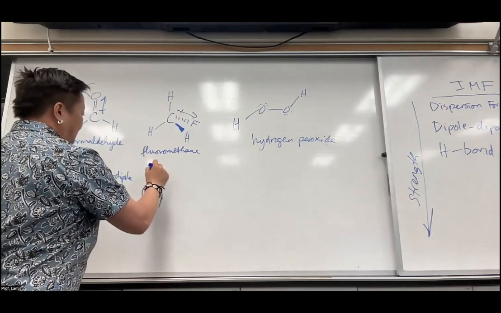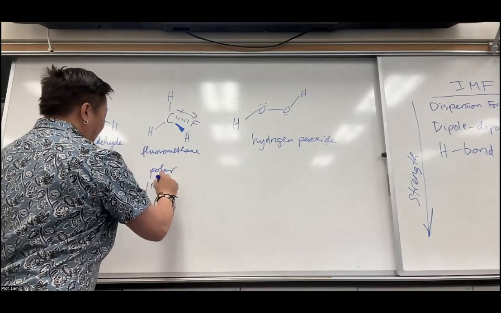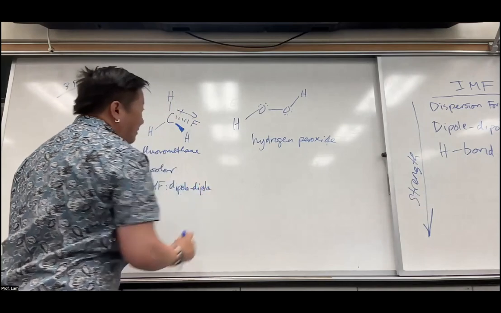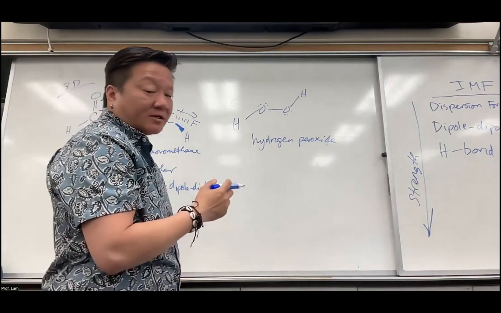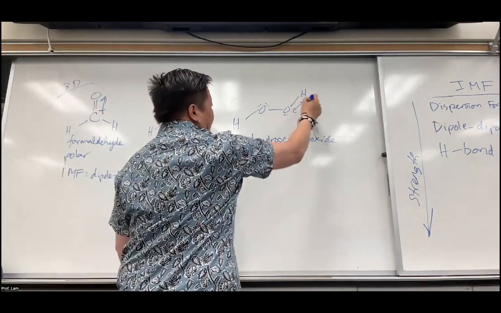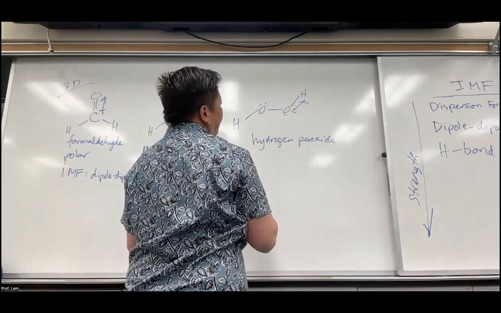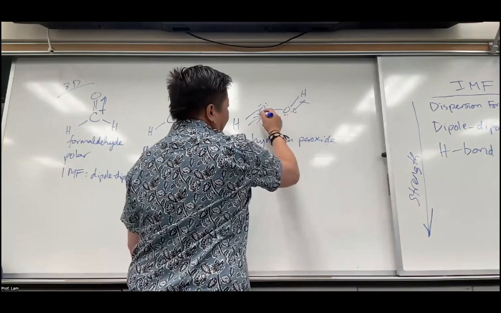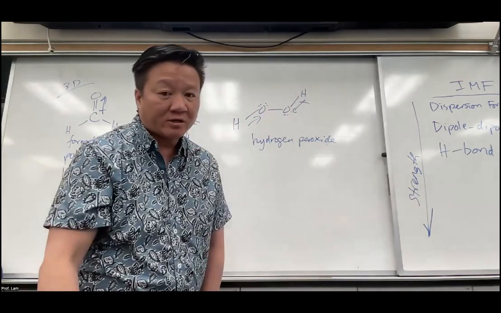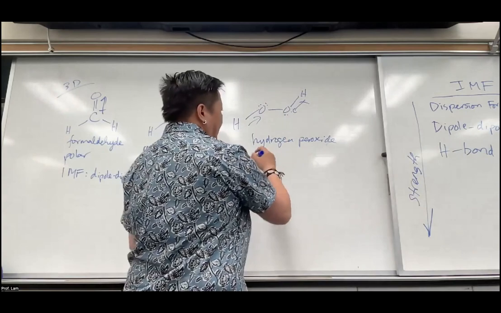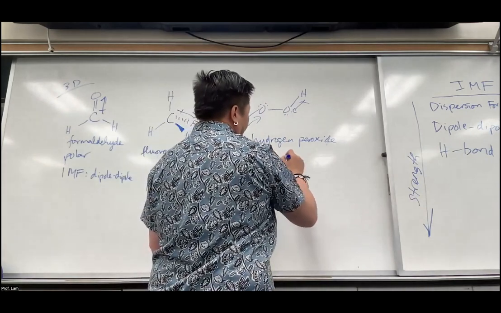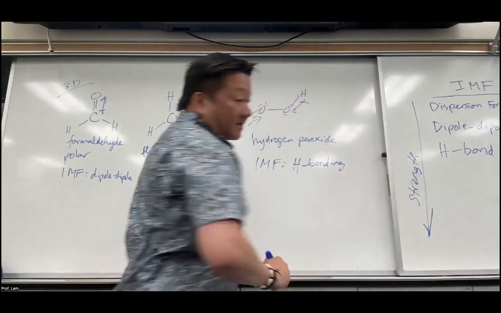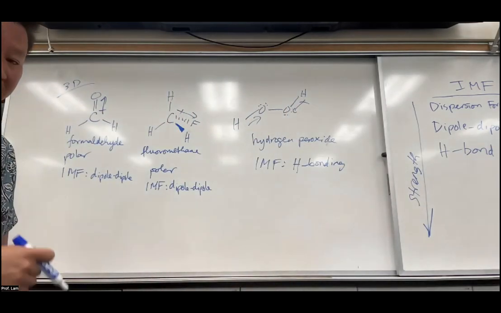So it is polar as well, and the IMF is dipole-dipole. Okay. And then in this last one, quite easy to see, right, that you have OH bonds. I mean, you don't even need to draw arrows anymore. As long as you see OH bonds, it's going to be hydrogen bonding.